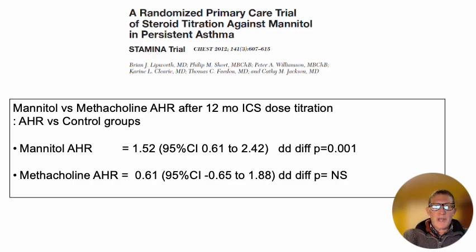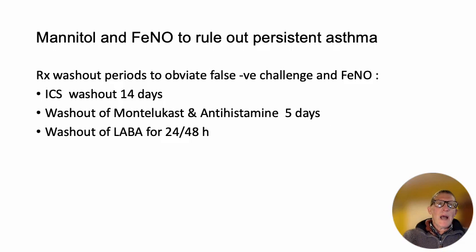So when you're using an anti-inflammatory drug which works on the type 2 cascade, then clearly mannitol is much more closely related to type 2 inflammation than methacholine, which just reflects airway smooth muscle, as I was explaining before, and there's the proof of that.